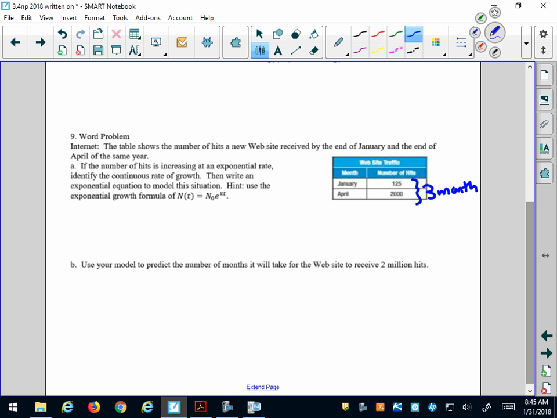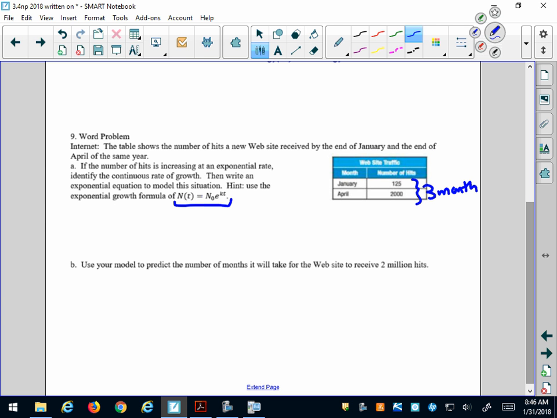So this is the formula. It's just like the PERT formula, really, where N sub 0 is your initial amount, N at time t is the ending amount, and then it's e to the kt. Well, the k is that rate of growth, and then the t is time in months.